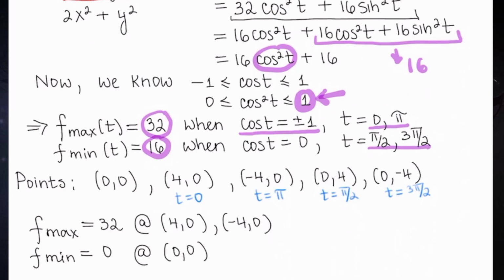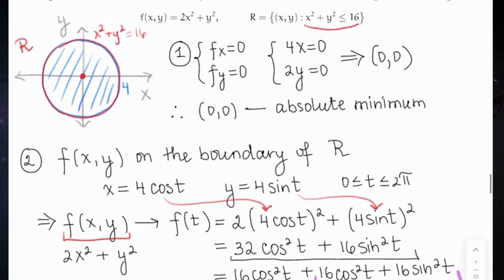Okay, so if you go back over here, we can mark it. Let me go ahead and mark it with purple. Okay, over here, this is where we get absolute minimum, at the origin, and then at these 2 points, 4, 0 and -4, 0, we get absolute maximum.